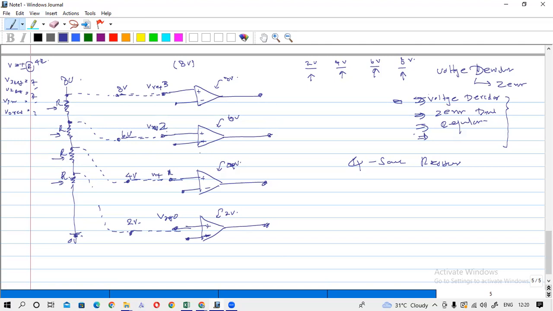Now we have given the appropriate voltage levels.